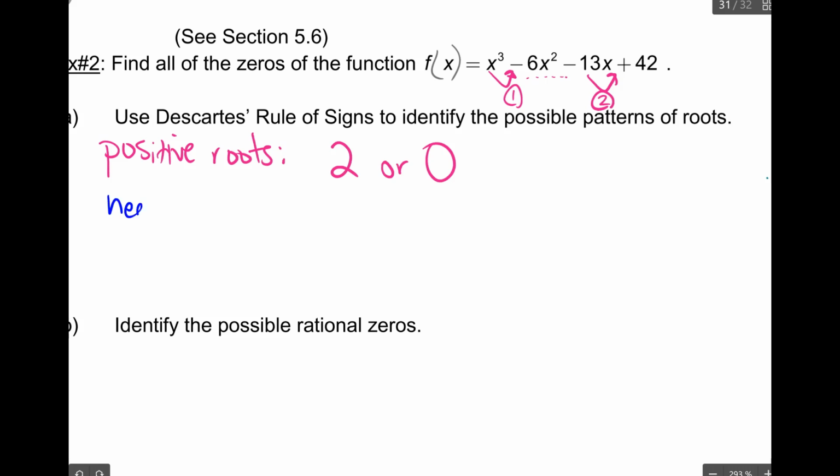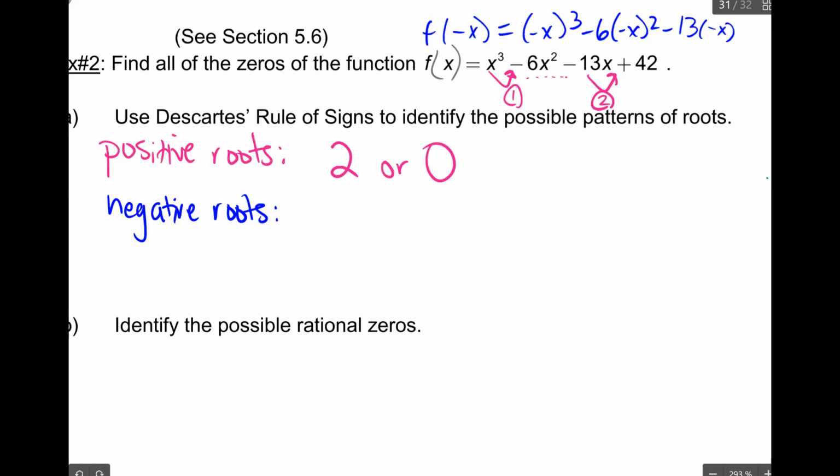Now I want to find the negative roots. To find the negative roots, there are 2 ways you can think about it. Either you can plug in a value of negative x everywhere you see x. So negative x to the third power, negative times a negative times a negative, is going to be negative.